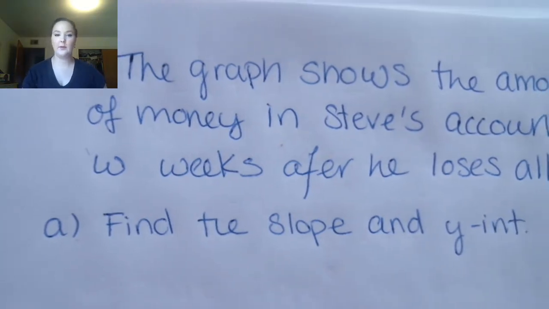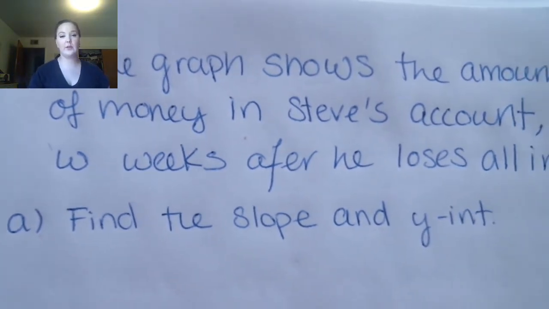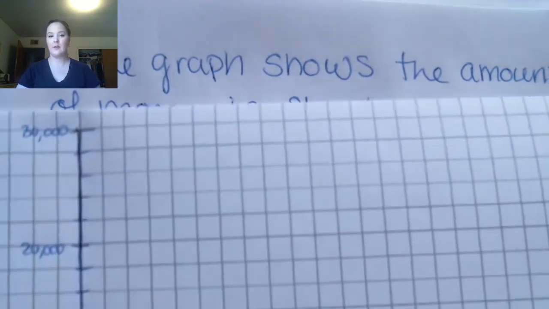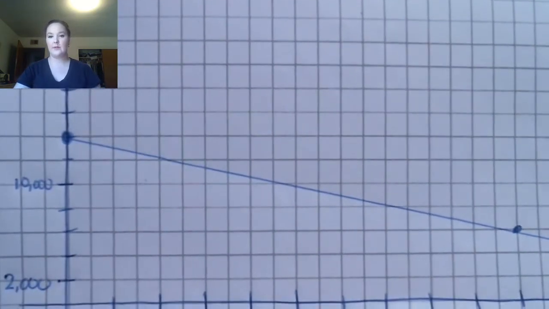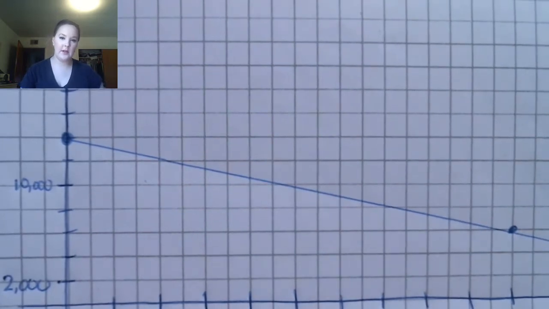All right, so the first thing we're going to do is look at the graph and find the slope and y-intercept. Now this is really similar to the previous example, so let's look at our graph. So here's my graph. I'm going to find the slope and the y-intercept. The y-intercept is easy to see.